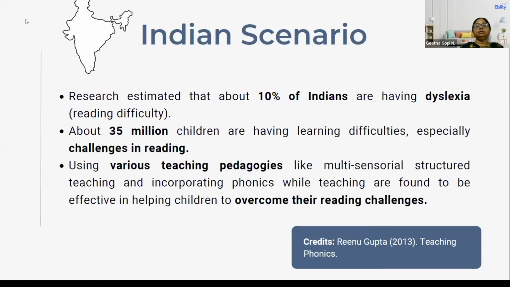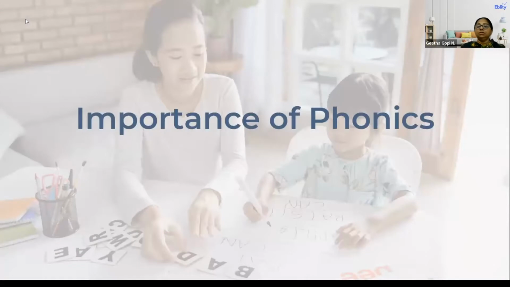But again, here is the silver lining: using different kinds of teaching pedagogies, multisensory teaching, more structured teaching, incorporating phonics in the reading instruction program, all these have been found to be very, very effective in overcoming reading challenges to a large extent. So this underlines the importance of phonics and why it needs to be taught.